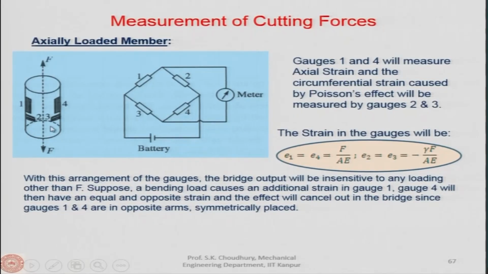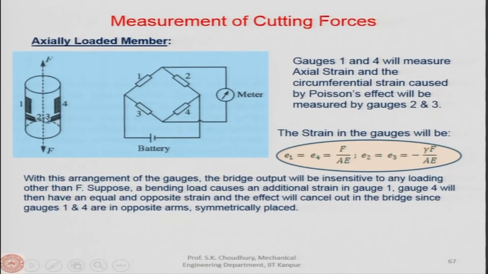Similarly, since 2 and 3 are located in diametrically opposite positions from each other, the circumferential strain will be measured by 2 and 3, and no other force, particularly the bending load, will influence 2 and 3, because there will be an opposite effect here.